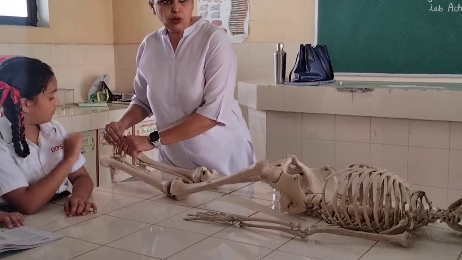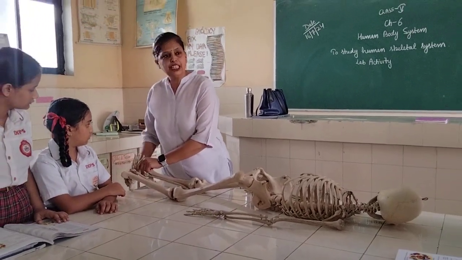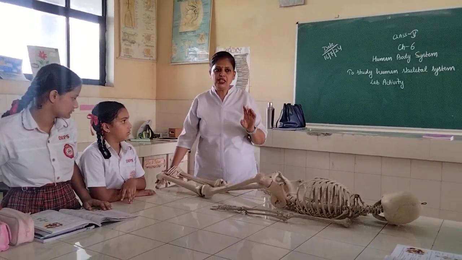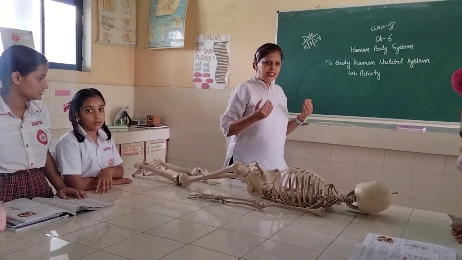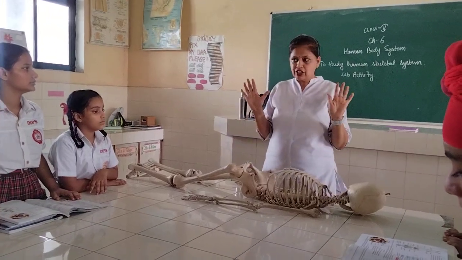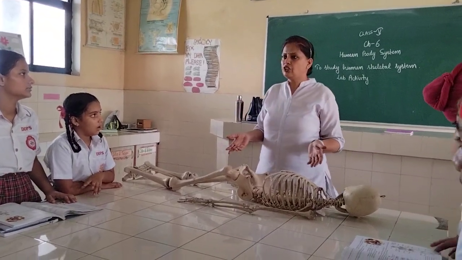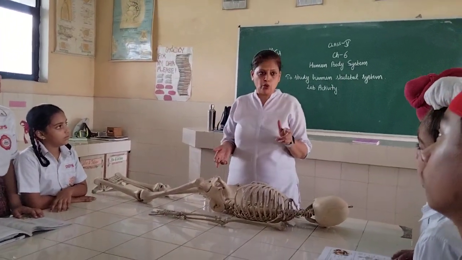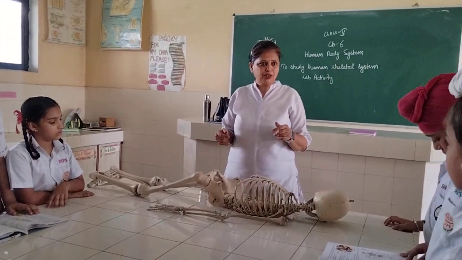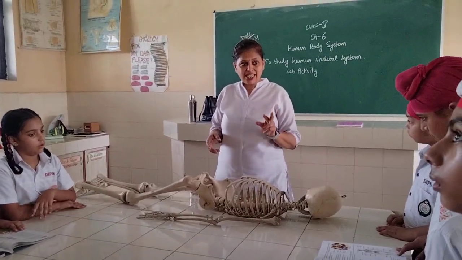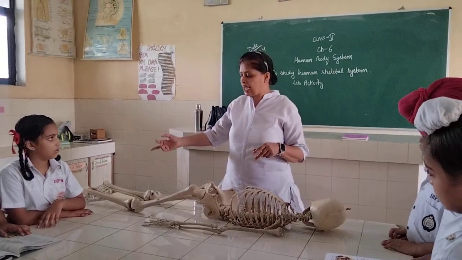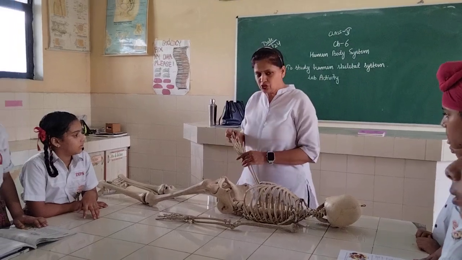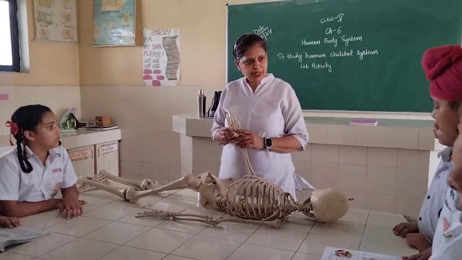Either of the hands or of the foot, we commonly call them fingers, but usually in common English we call the foot's fingers toes, right? That's why the foot bones are called tarsals and metatarsals, and the hand bones are called carpals and metacarpals.